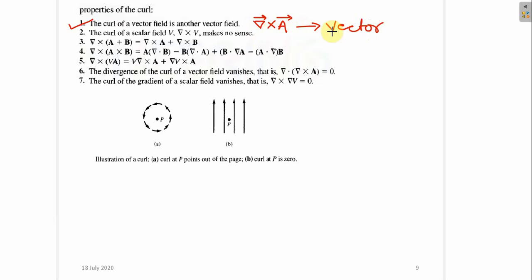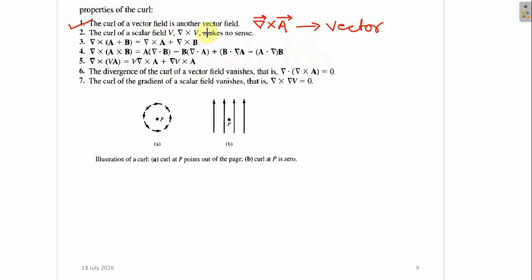In the previous case, when I was discussing the divergence, there was a dot product, and the dot product of two vectors would be a scalar. But in this case, since the curl is obtained by a cross product operation between this del vector and the vector field for which the curl is to be determined, it is a vector. So the curl of a vector field is another vector field.